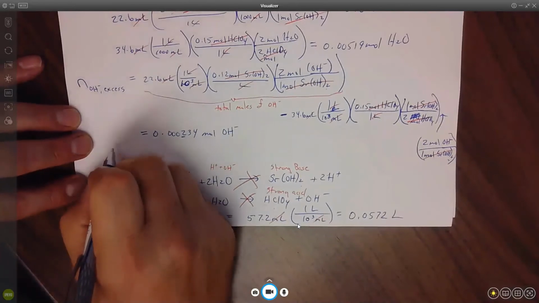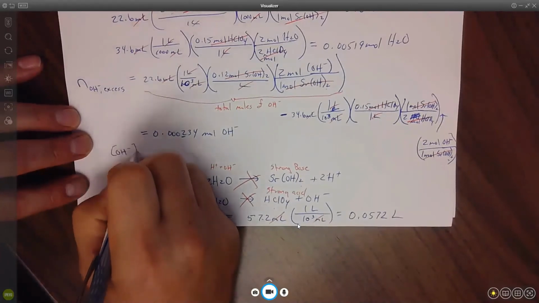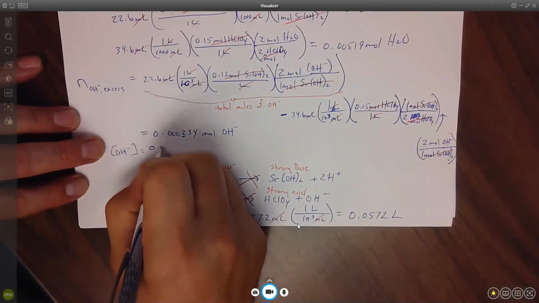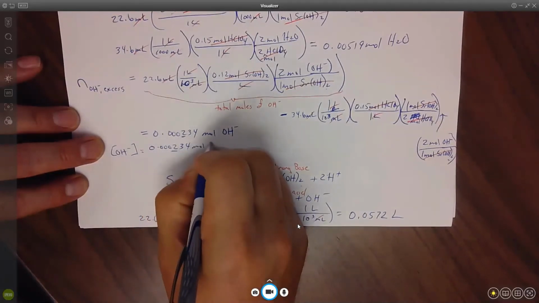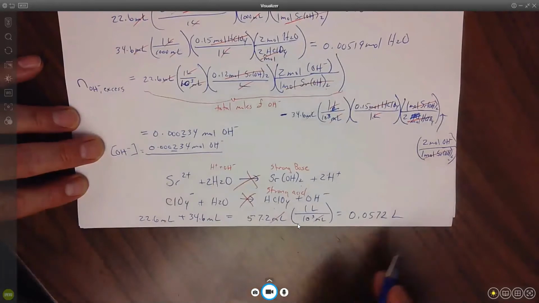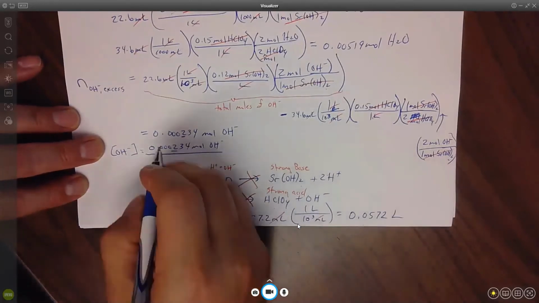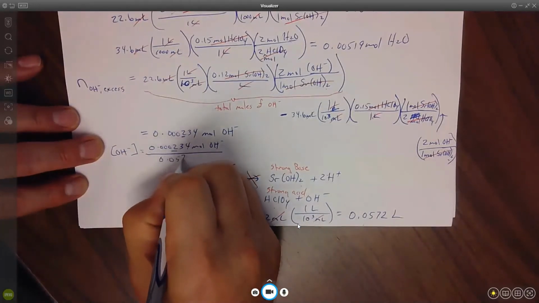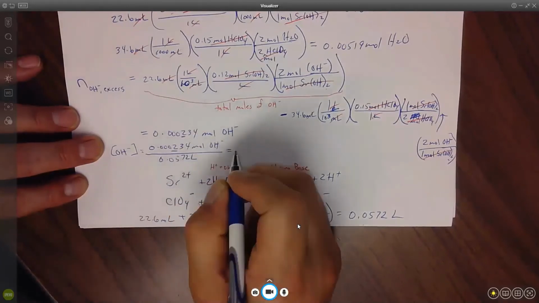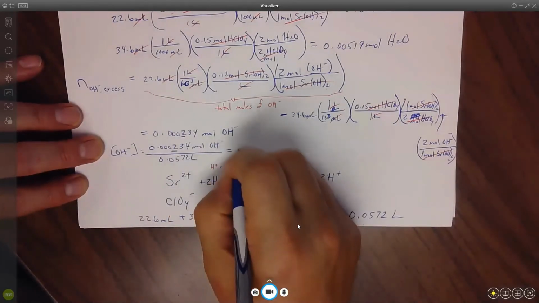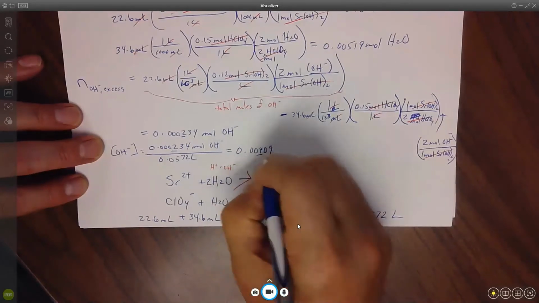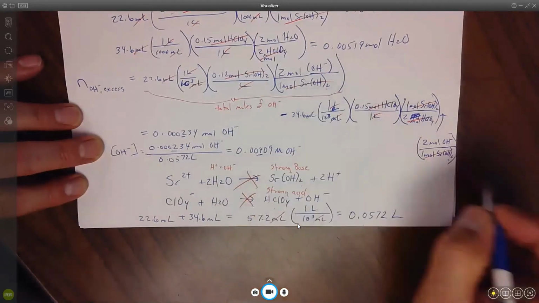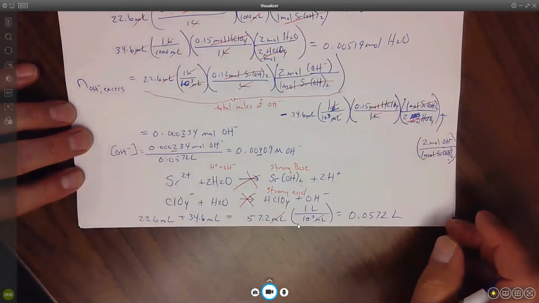So now to get the molarity of the hydroxide, I'm going to take the moles that we just calculated, divide it by the total volume, which we just determined is 0.0572 liters, and that's going to give me a concentration of 0.00409 molar hydroxide.